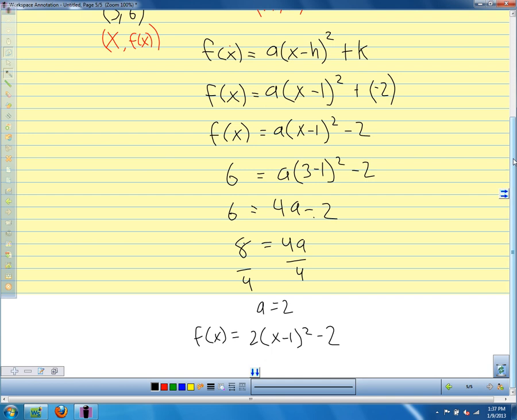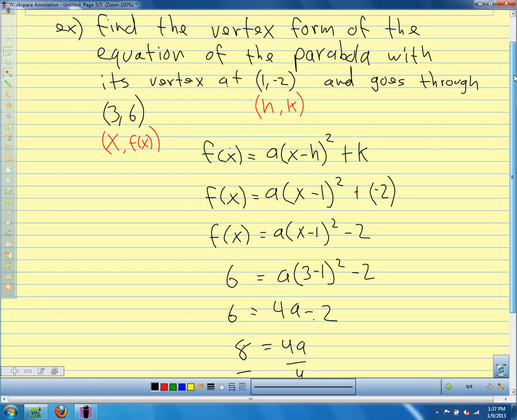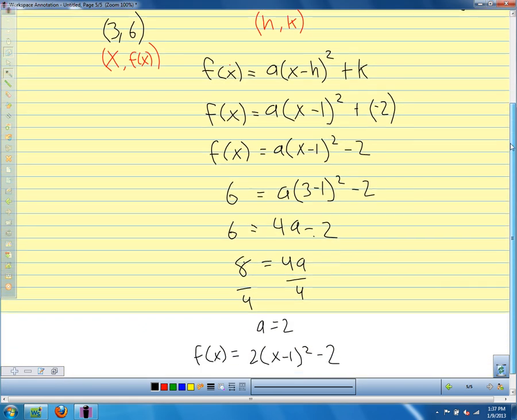So when you get a problem like this, you use the numbers for your vertex and write your function in this form with the h and the k, and then plug in your numbers for x and f of x, or x and y. So that's the process for doing this problem.